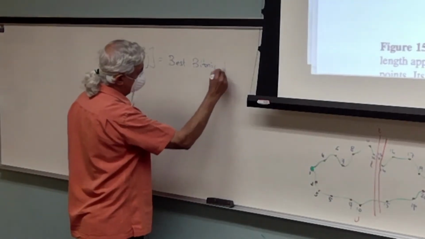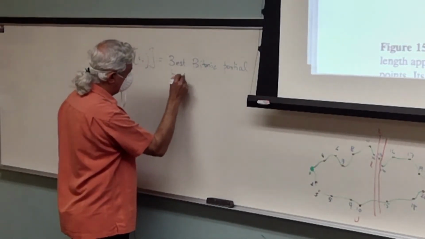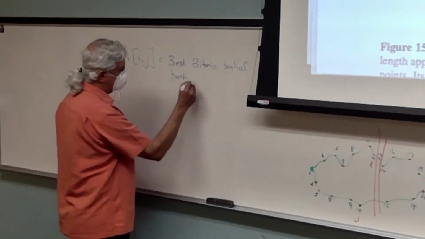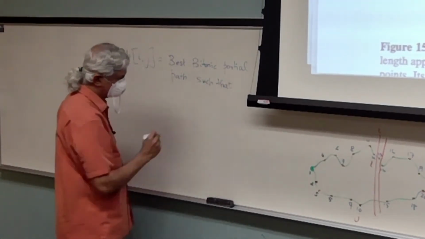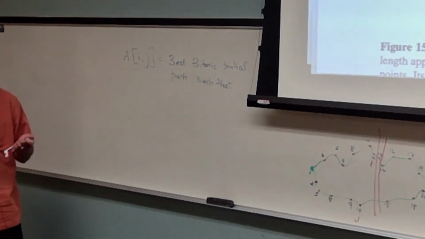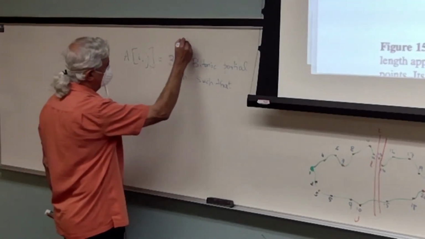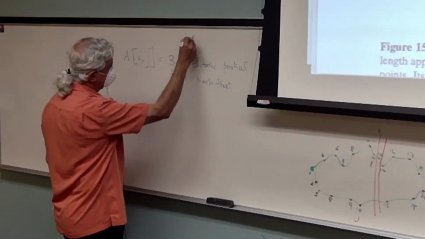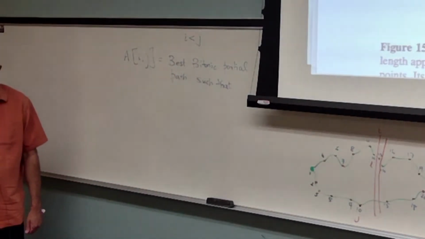Bitonic partial path such that, well, here we need to know whether i is bigger than j or i is smaller than j. So let's just say i is less than j.